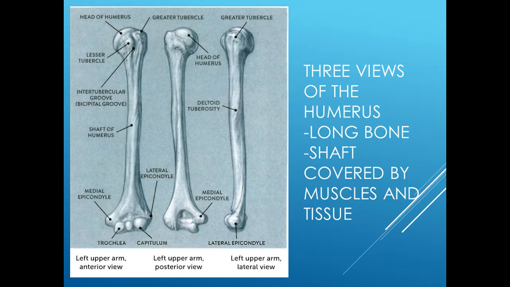Here's three views of the humerus, which is a long bone, and the shaft is covered by muscles and tissue. Remember I said it's kind of hard to feel the humerus because we have the muscle. The muscles that we're most familiar with on the humerus, the biceps and the triceps, right? When people go to the gym, we try to work out those biceps, try to make them look bigger, get them stronger, and the same with the triceps.